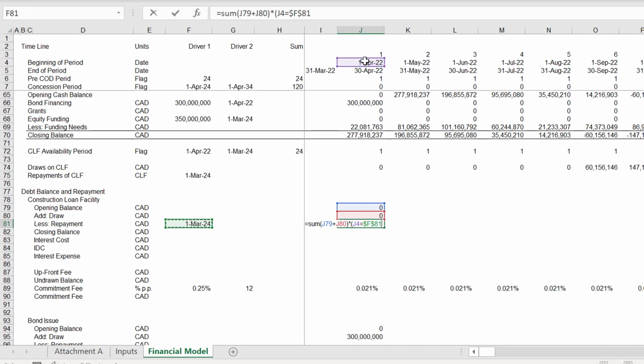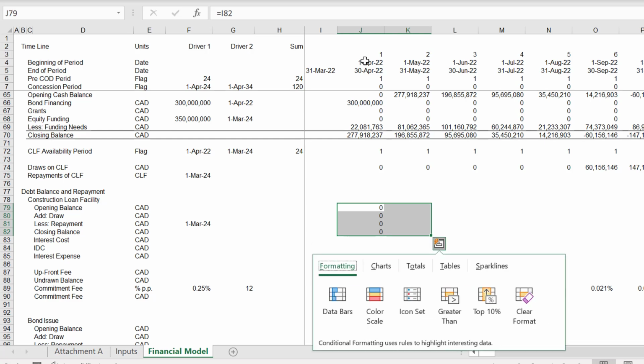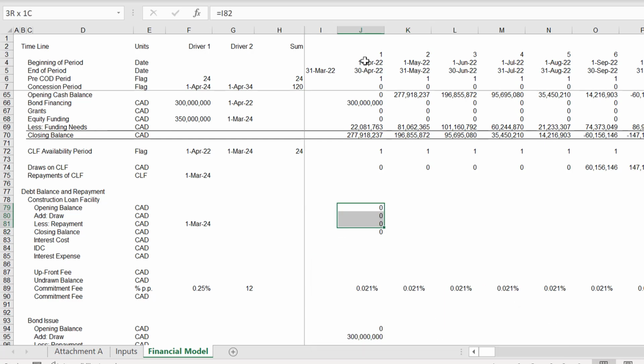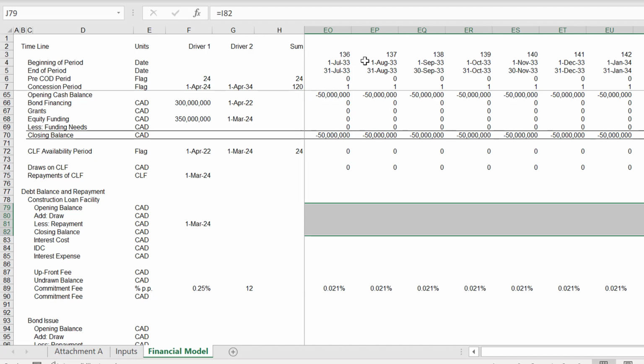So I would rather you put a flag here, but whatever. If you're a little lazy, you don't do it. Plus this, minus this. So we have to repay the whole thing. Okay. And so I press Shift Control R again. Okay, Shift Control Right arrow, Control R.